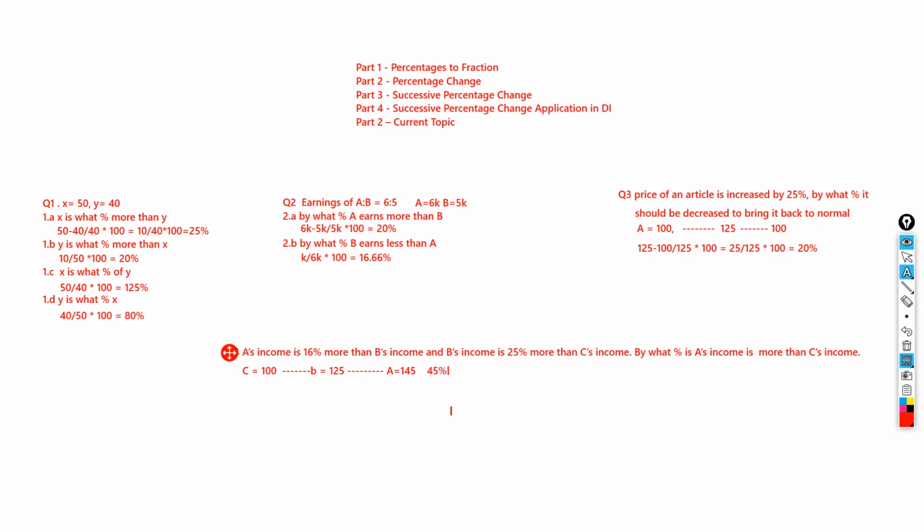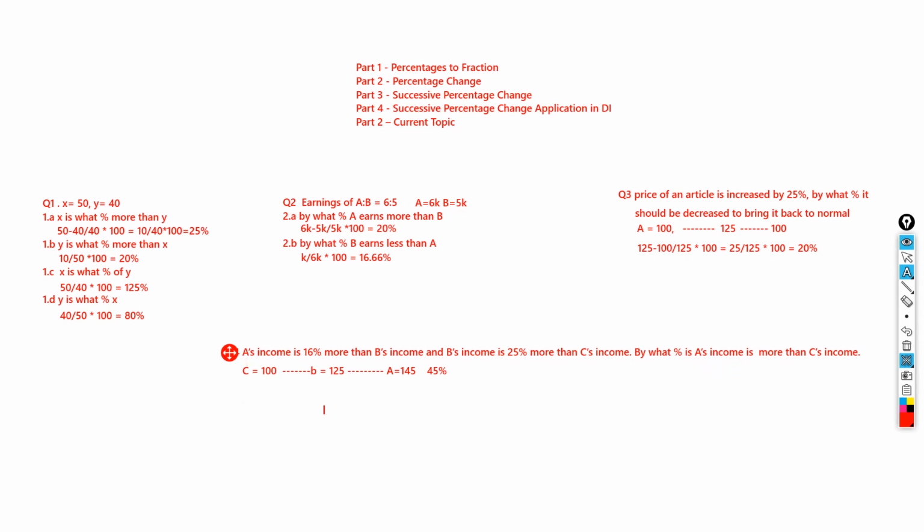This question can be solved in a better way, with a trick which we call successive percentage calculation. The successive percentage topic is a part of our next video, so we'll not discuss it in detail, but I'll show you how I calculate by what percentage A's income is more than C's income.